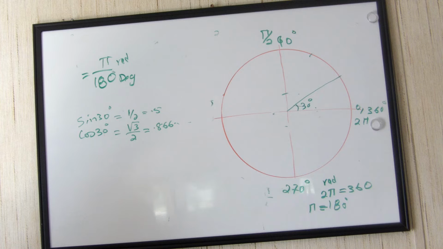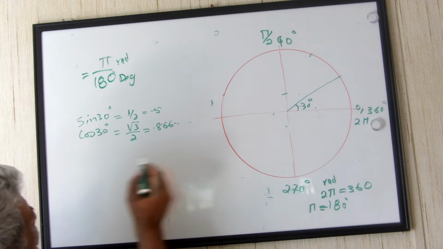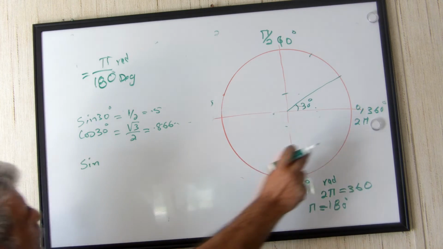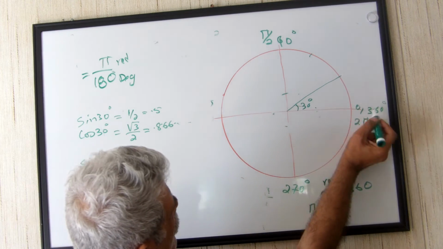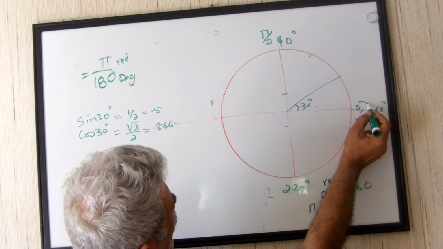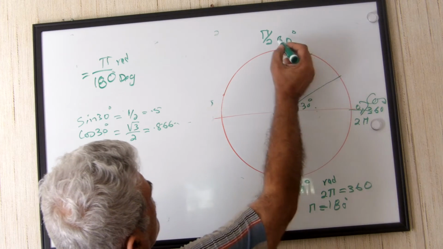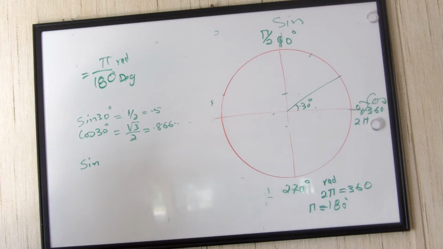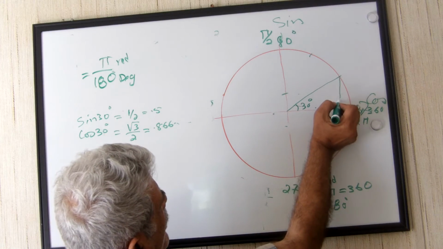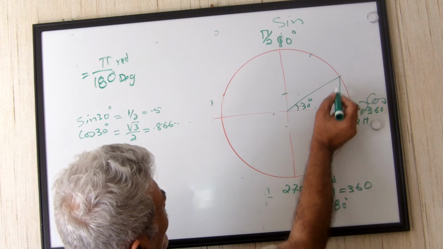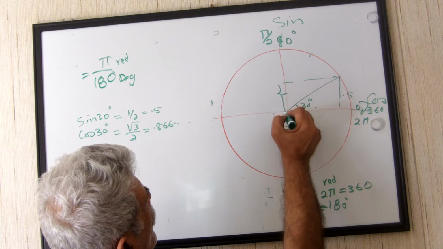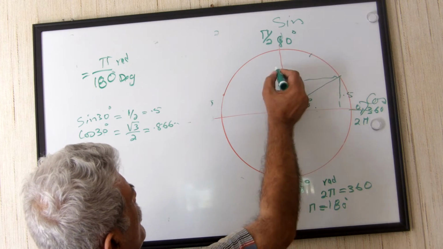This is the cosine axis, and this is the sine axis. We want you to know that sine 30 degrees is 0.5, half of this unit.